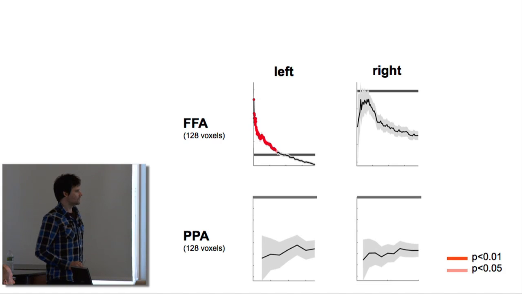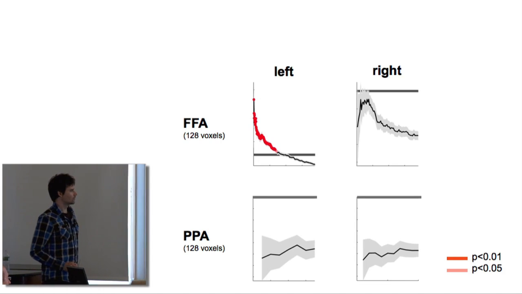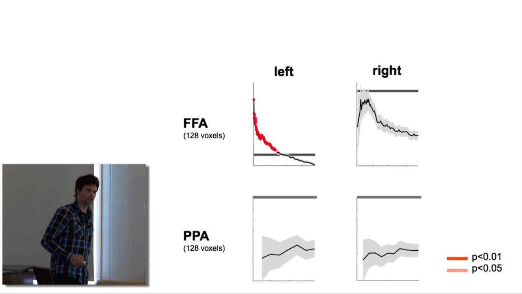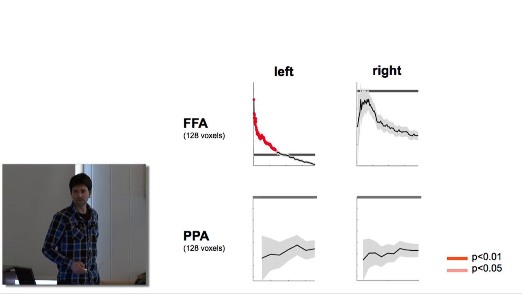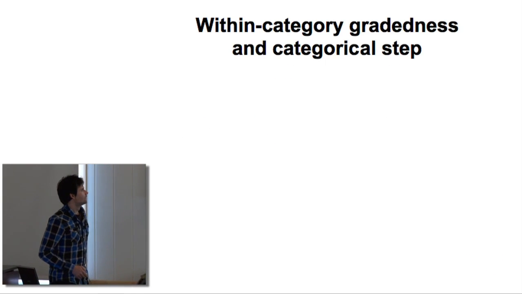For PPA, we see no evidence at all of replicating inversions. So as far as we know in PPA, for our stimulus set, it perfectly orders them, given the amount of data that we have and the sensitivity that gives us.